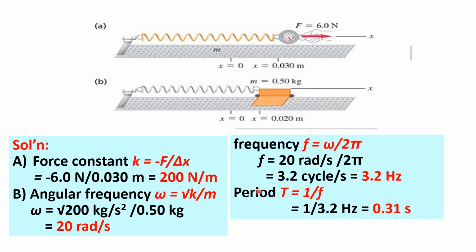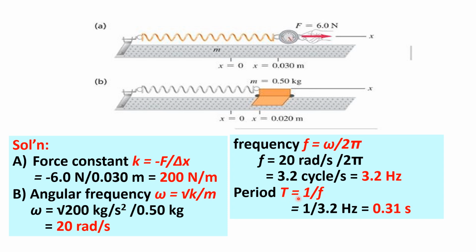And lastly, for the period, capital T. By definition, the period is the time it takes for a body in simple harmonic motion to have one complete cycle, the time elapsed for the body to make a complete cycle or vibration.